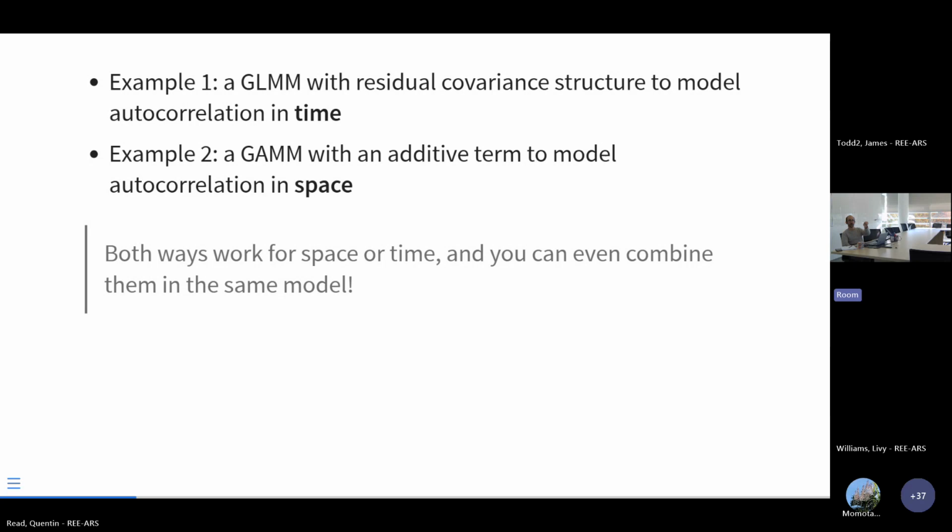You could switch around. You could do a residual covariance for space. You could do an additive model for time. You could even do them both in the same model. These are just the examples we happen to do today. But any of these solutions would work for space and/or time or both.